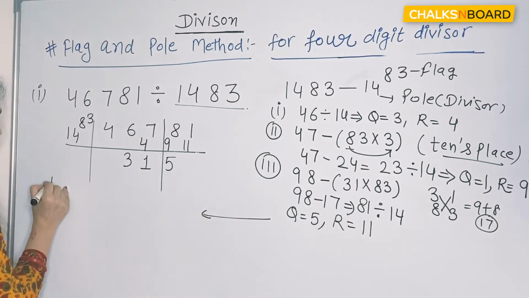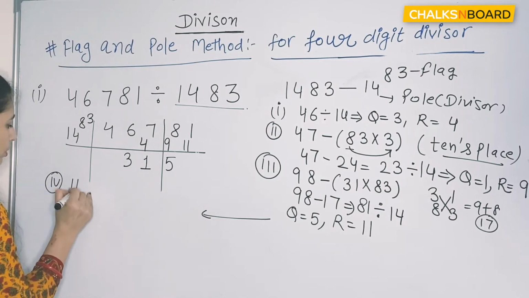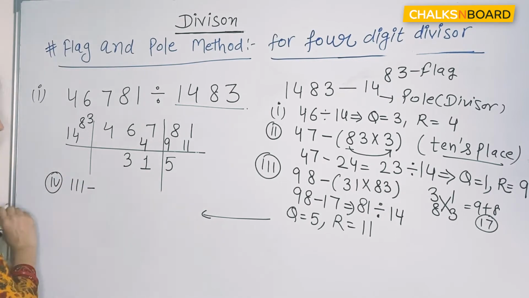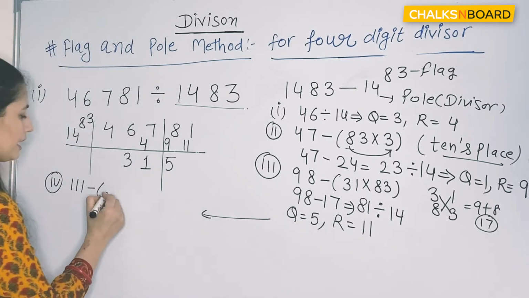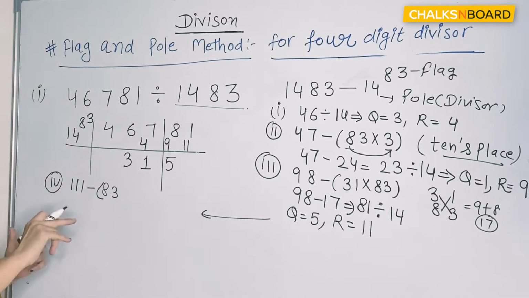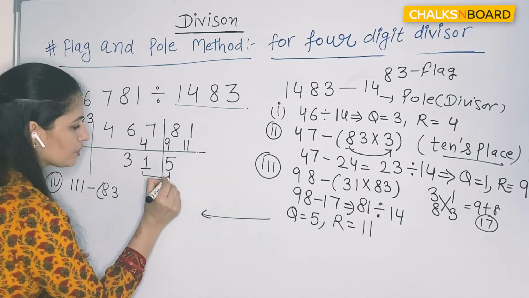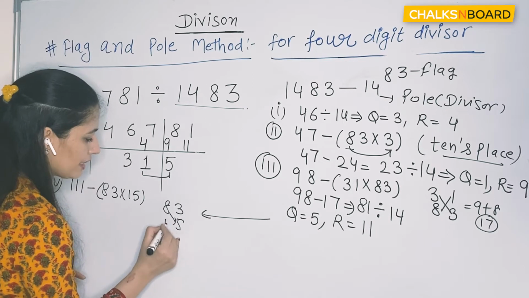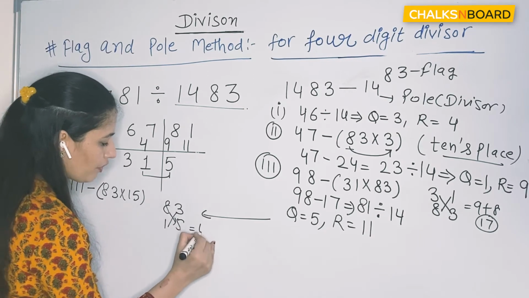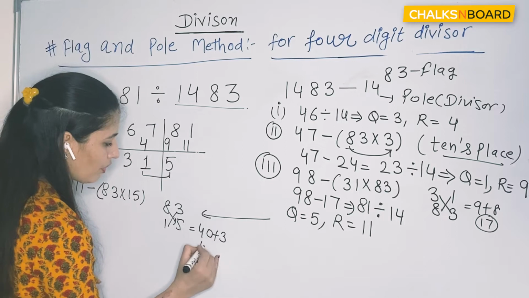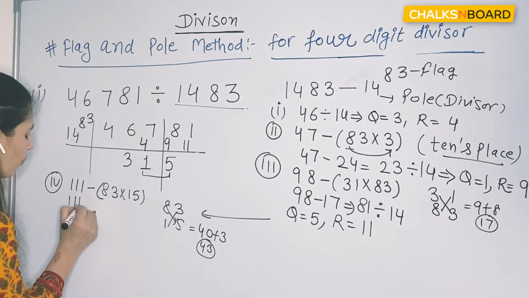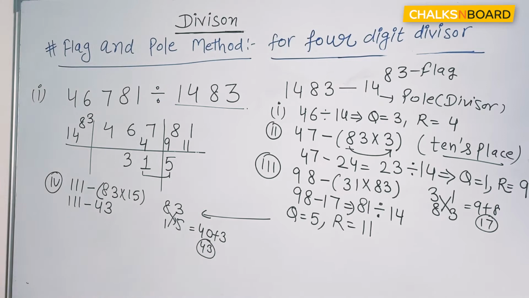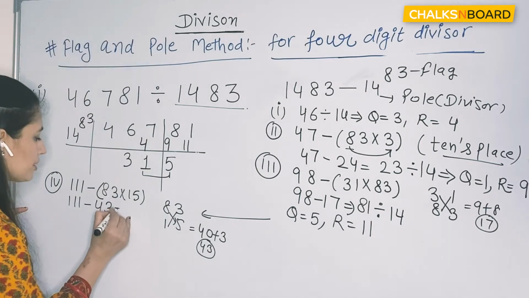So our fourth step is 111 minus the multiplication of the flag, that is 83, with the previous quotient, but we have to take the last two digits, that is 50. Now crosswise multiplication, that is 8 5s are 40 plus 3, that is 43. So we have to subtract 111 minus 43. When we subtract this number, we get 68.